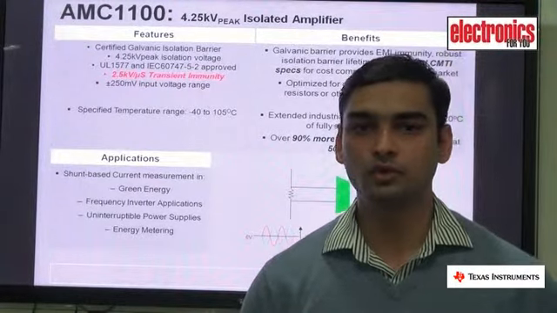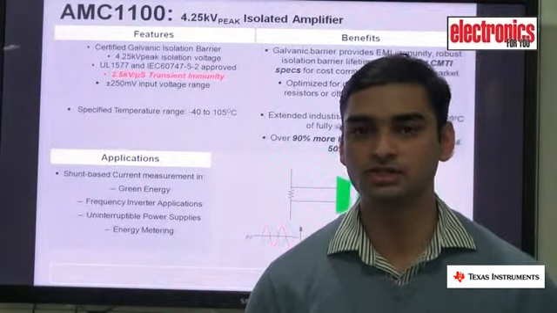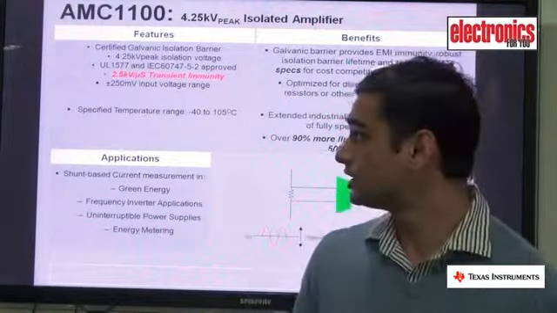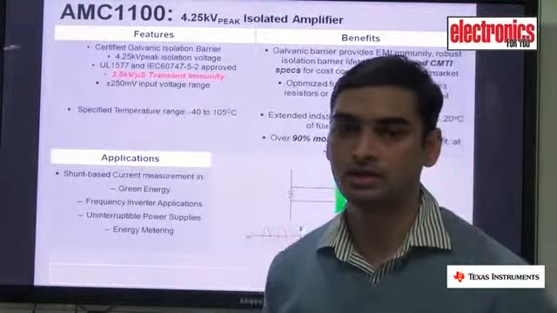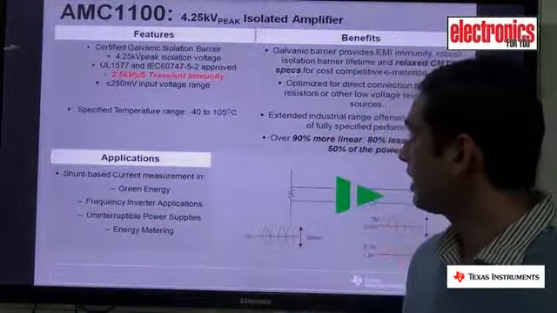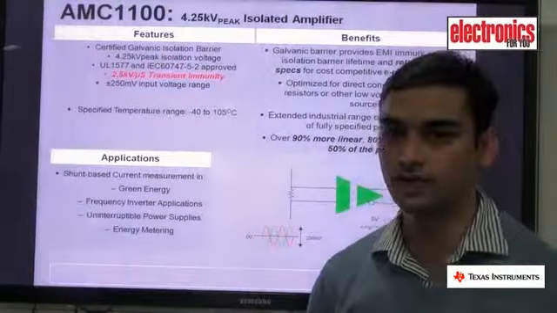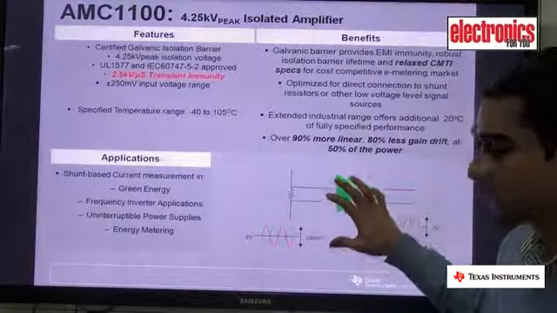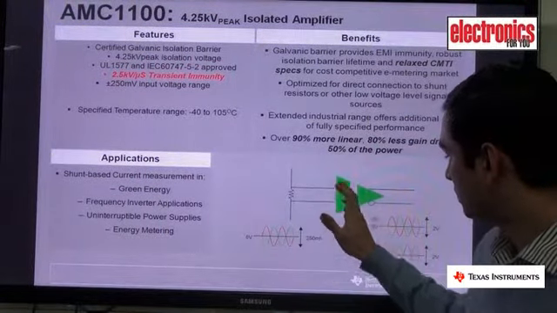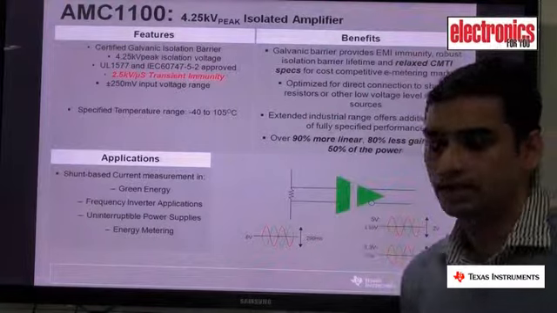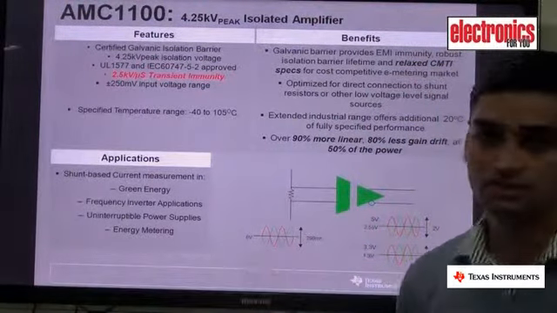To explain AC voltage sensing using an isolation amplifier, I am taking the example of the AMC1100. It is an isolation amplifier with a peak isolation voltage of 4.25 kV. A typical isolation amplifier has magnetic or galvanic isolation.